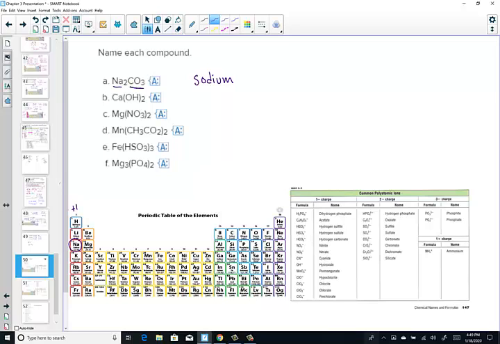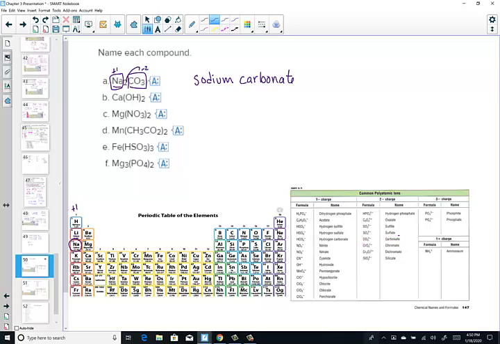Even though I see lots of different elements, I have just 2 ions. I have a sodium +1 and a carbonate -2. Do you see carbonate? Right here is the unit of CO3, sodium carbonate.